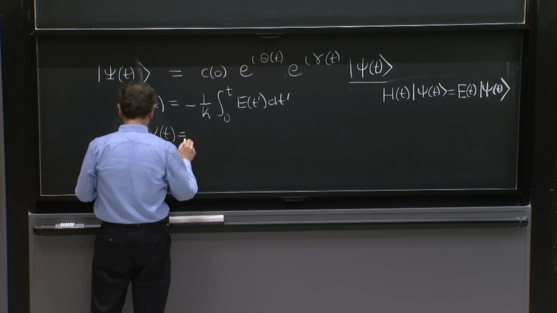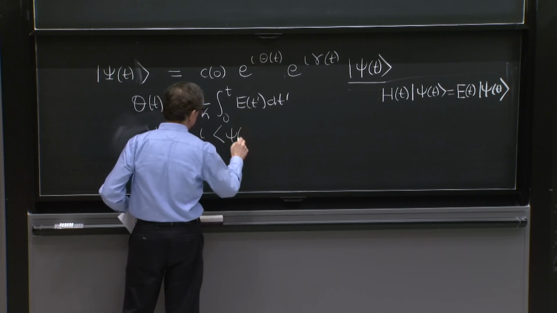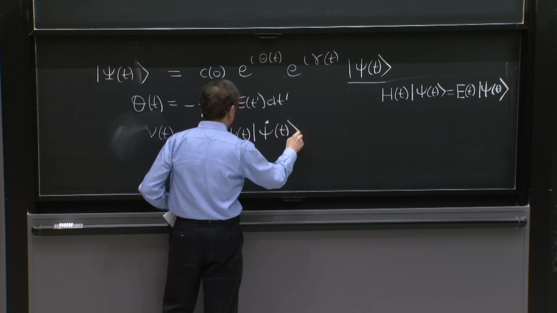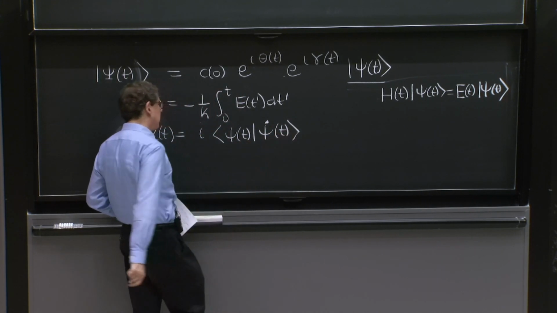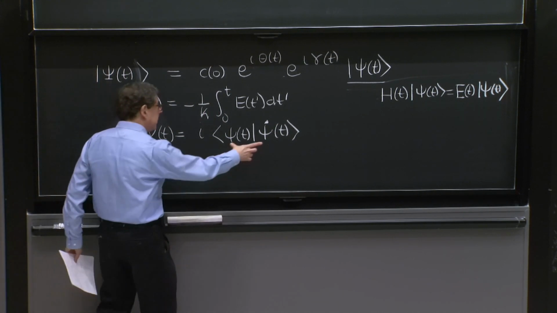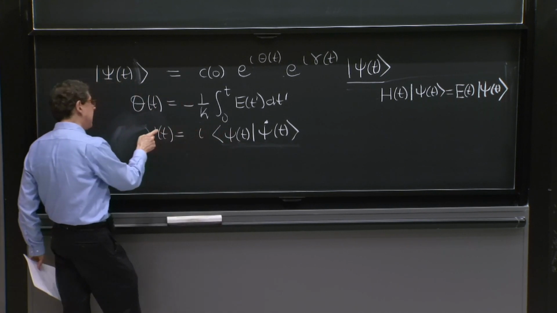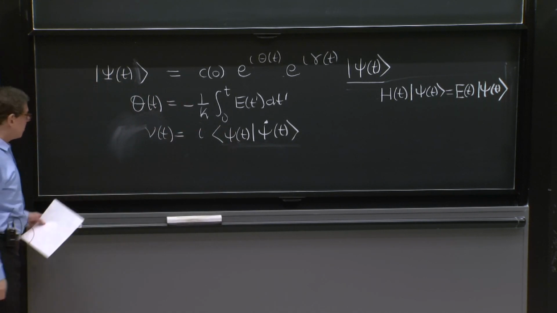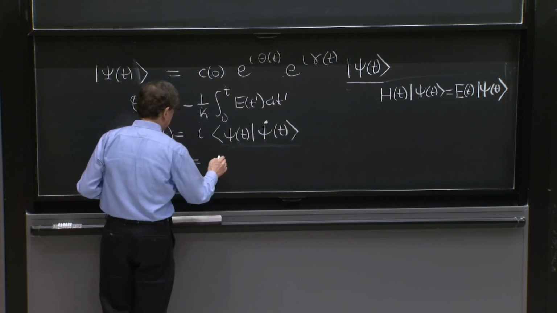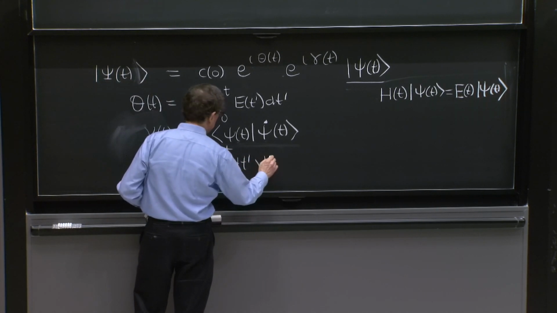We defined an intermediate thing called nu of t, which was i times the inner product of the instantaneous eigenstate with the derivative with respect to time of the instantaneous eigenstate. We argued that this factor was imaginary, therefore we put an i so that nu is real. And gamma of t, so these were definitions, is defined as the integral from 0 to t of dt prime nu of t prime.